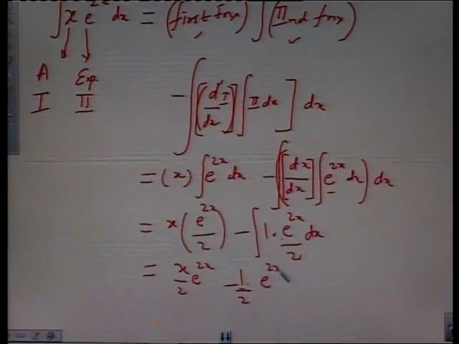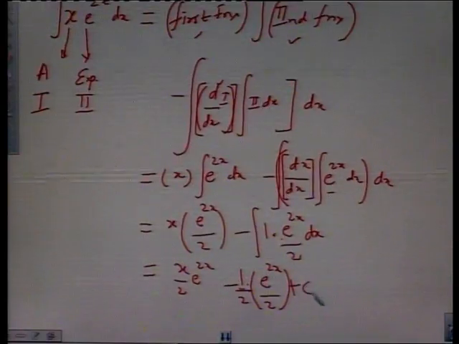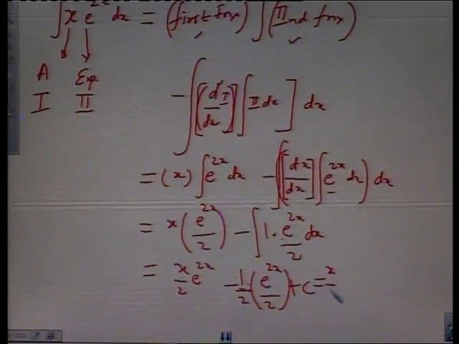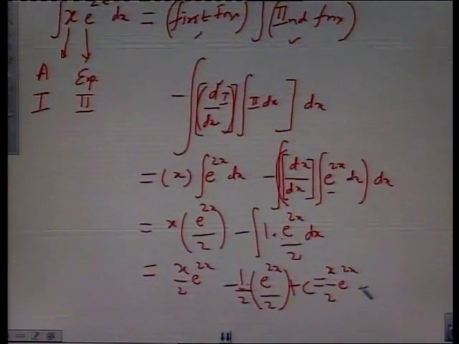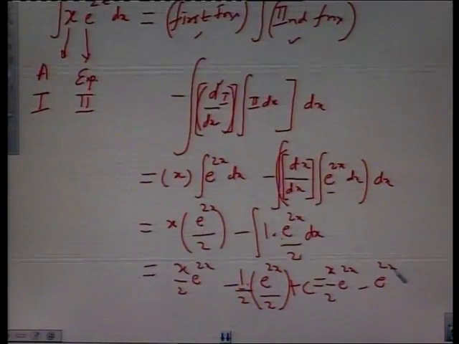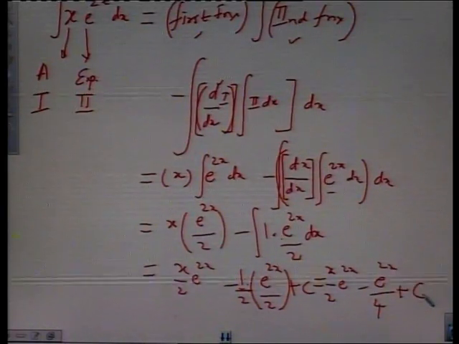It is again e raised to power 2x upon 2 plus your constant of integration, that is c. If you further simplify it, it becomes x upon 2 into e raised to power 2x minus, 2 into 2 becomes 4, e raised to power 2x upon 4 plus constant of integration, that is c.